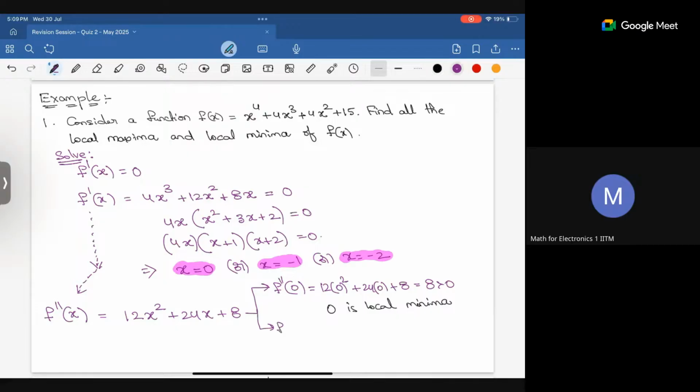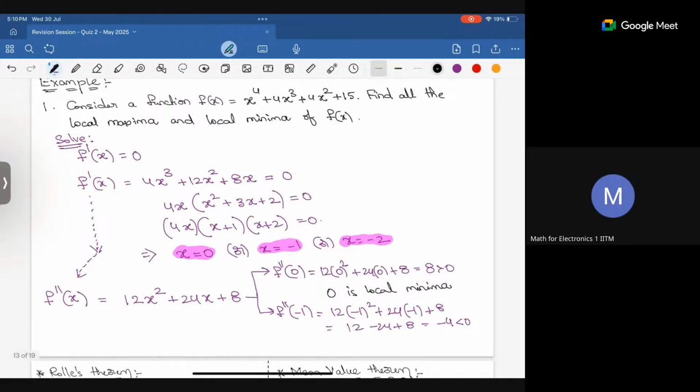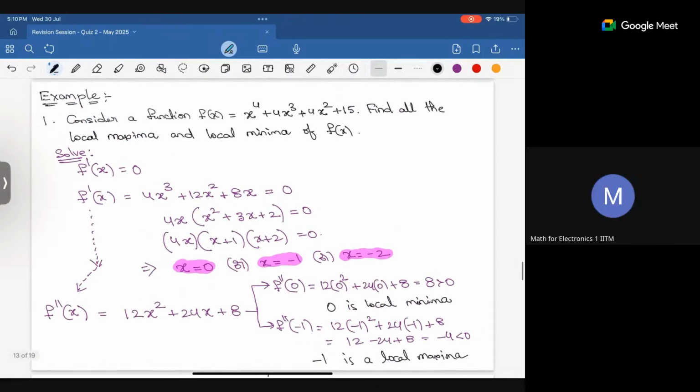And then f double prime of -1 will be 12 times -1 whole square plus 24 into -1 plus 8. If I compute this, 12 minus 24 plus 8, which will be -4, which is less than 0. Hence, -1 is a local maximum. And similarly, you can compute for f double prime.